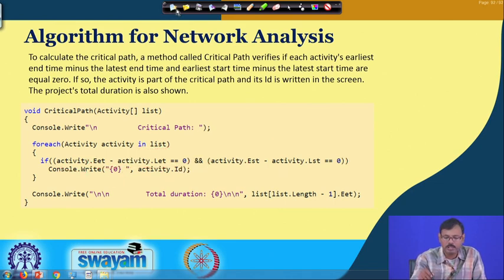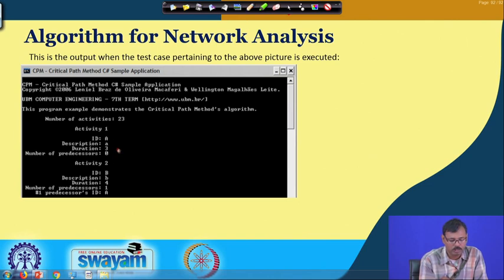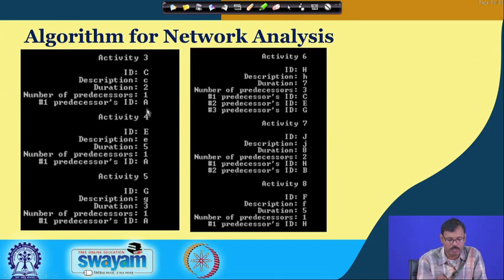In consideration of that, they have found the activities having 0 slack. For that, this is the output. You can see this is given for activity 1, activity 2, and all the activities which have 0 slack are identified here.